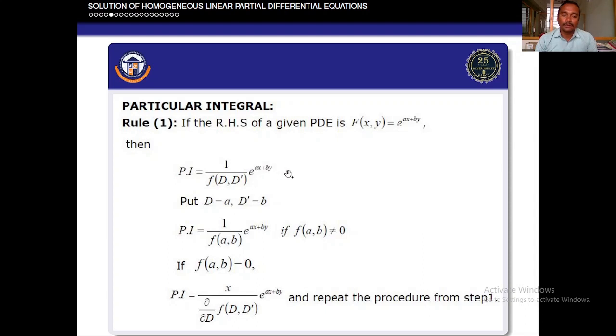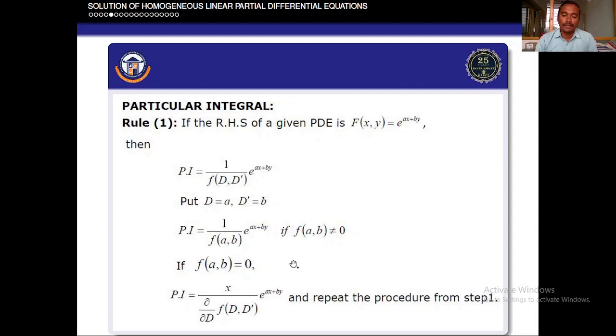In this case, substitute the values for D and D'. Here D can be replaced by the coefficient of x, and D' can be replaced by the coefficient of y when f of x comma y is an exponential function. Then PI equal to 1 by f of a comma b e^(ax+by). It is applicable only when the denominator value f of a comma b is not equal to 0.